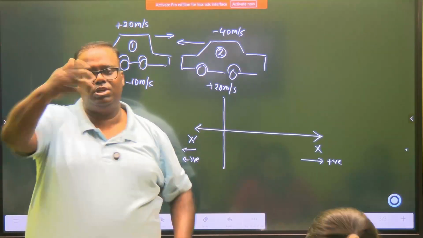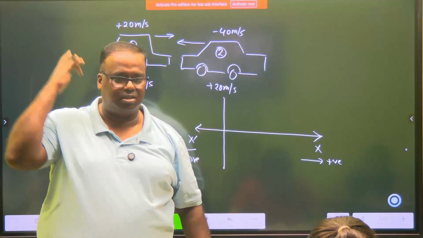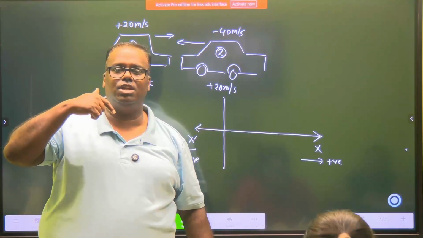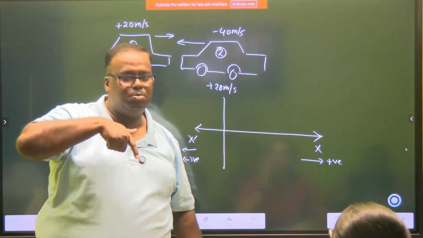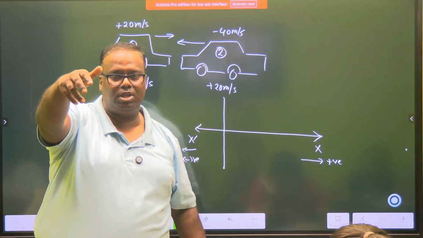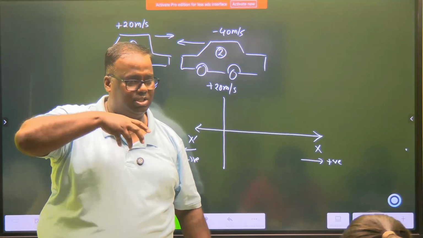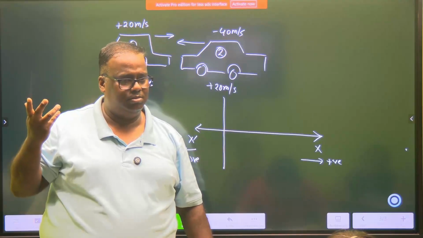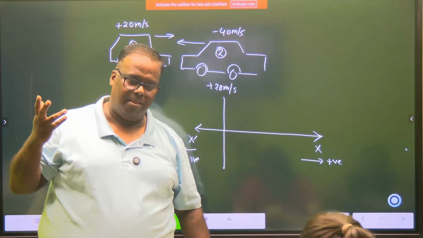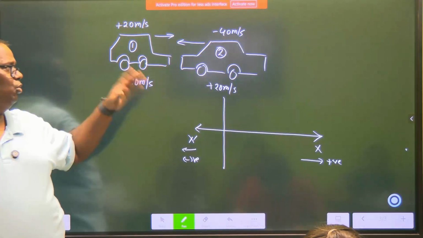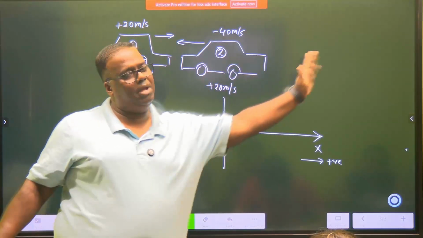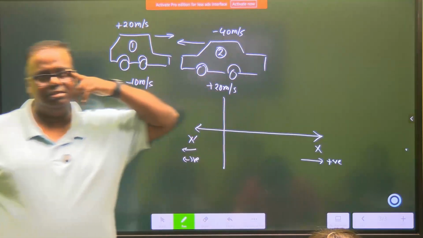Like in caroms, we take a rebound strike. So we're hitting the carom striker northwards. That's a positive. And then it goes and hits the bar and it comes back. At that time, the carom striker is moving in a south direction. I'll take that as negative. Understood? Any other question? In these, many scenarios can happen. Both the vehicles can, this one can straight bang it and take it away.